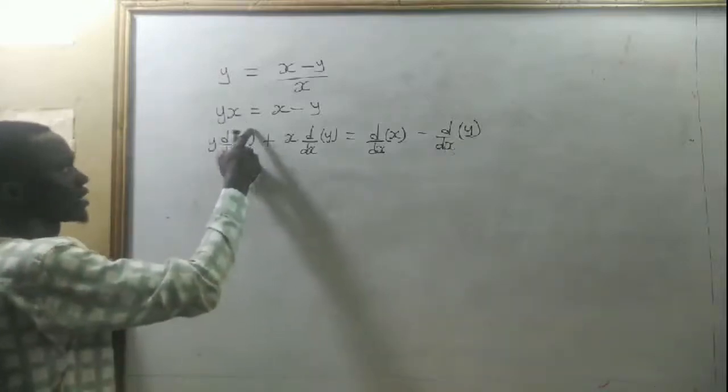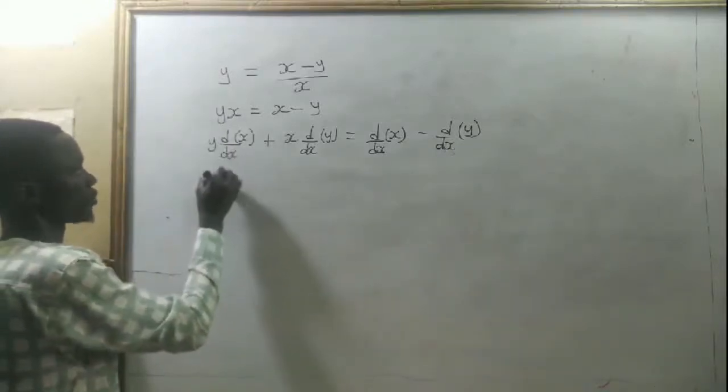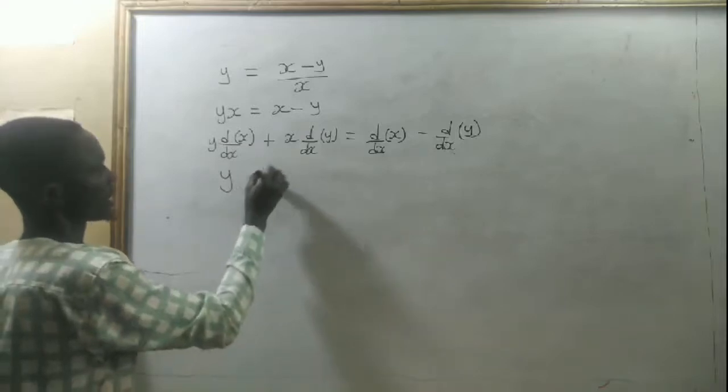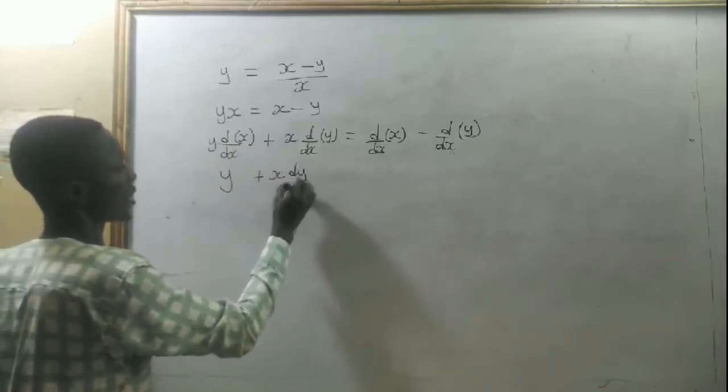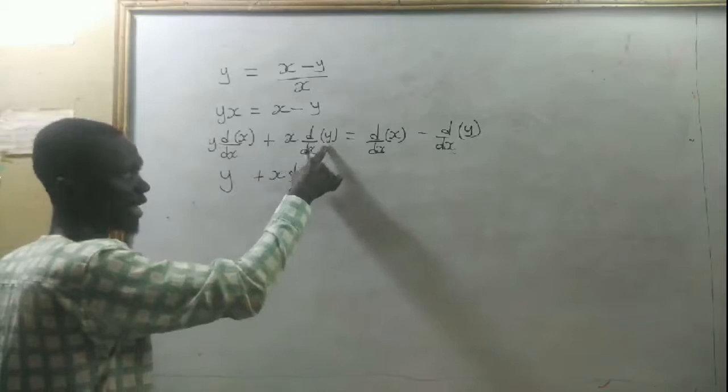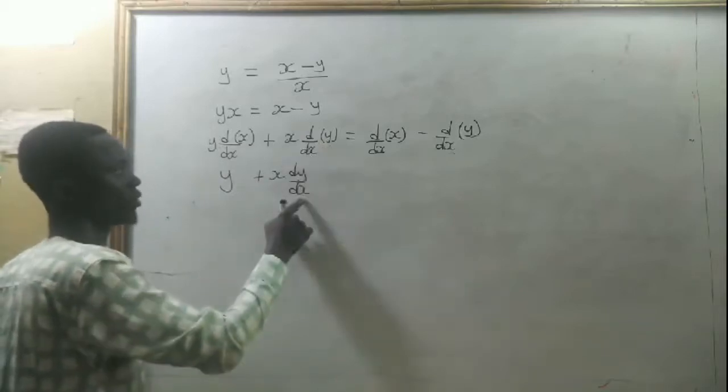So here dx on dx is 1, so 1 times y is y, plus x dy on dx, because if you differentiate y implicitly with respect to x, you get dy on dx.